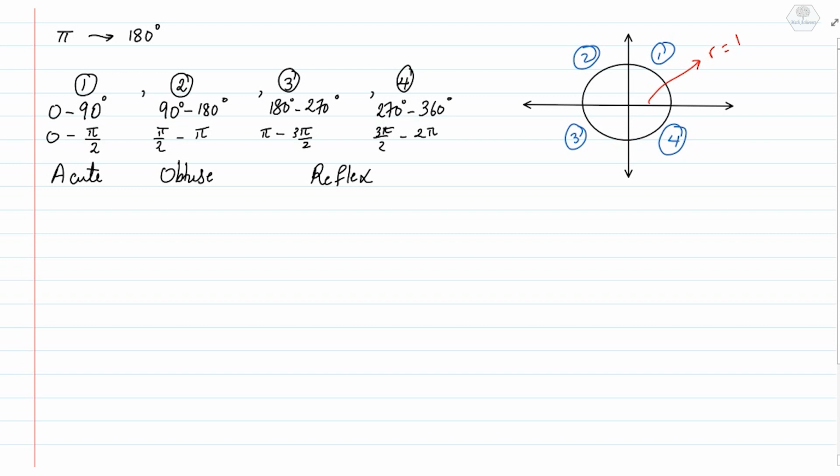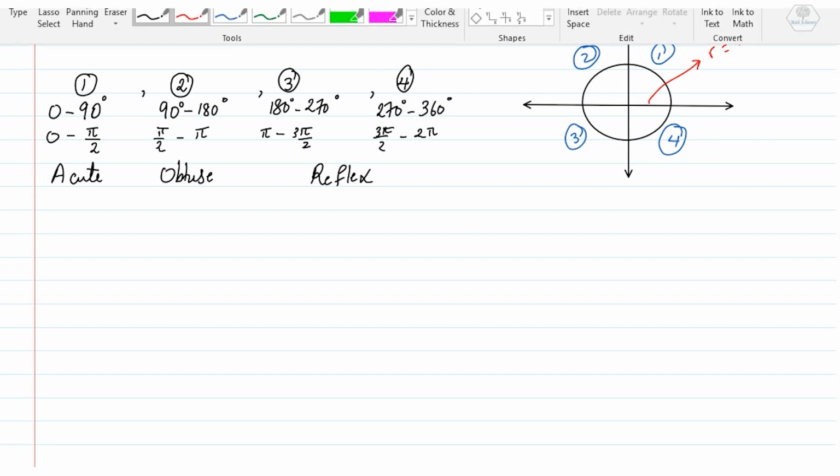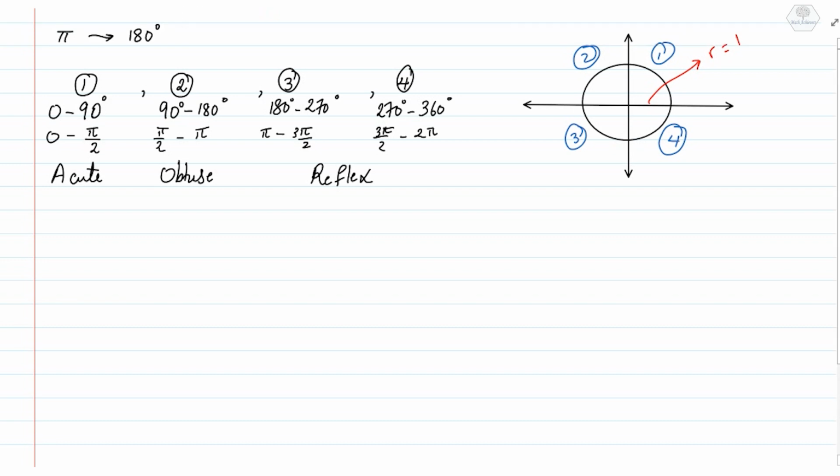These are my quadrants. Now, let's say I'm having my angle in the first quadrant to be theta. To find the value of this angle in the second quadrant, I have to do 180 minus theta degrees. In the third quadrant, it's 180 plus theta.